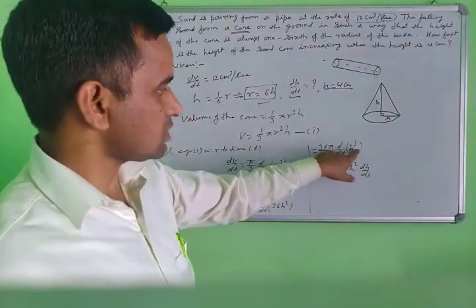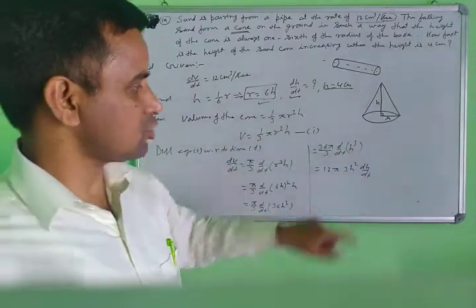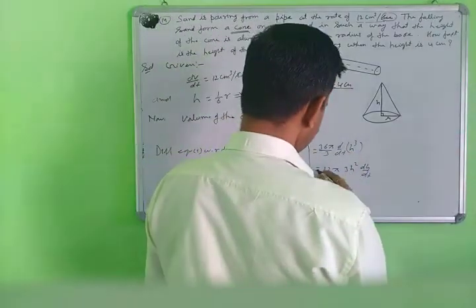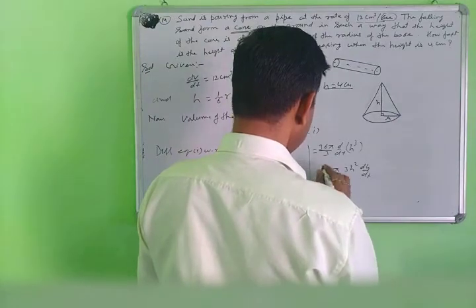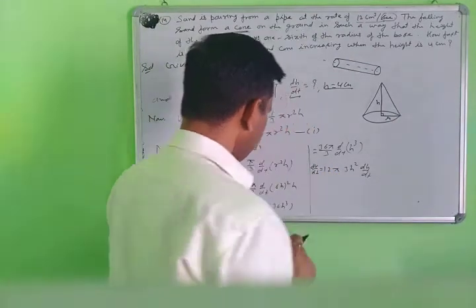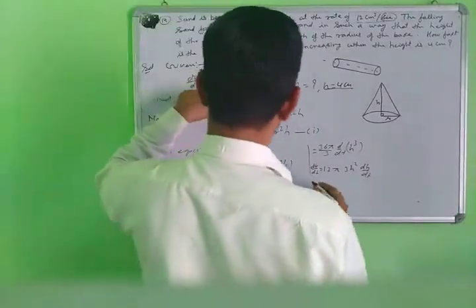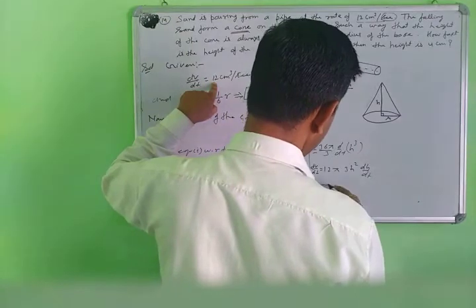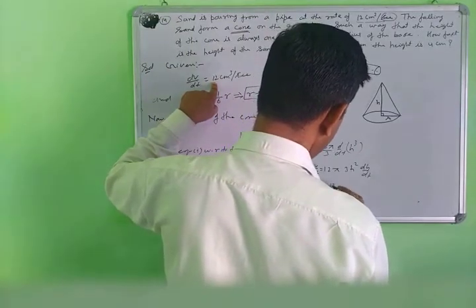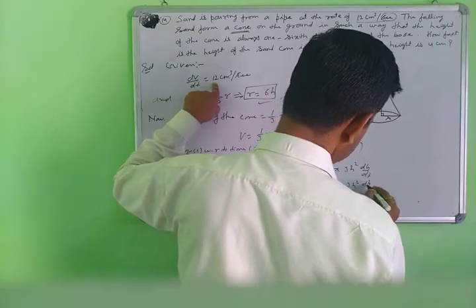The derivative of h cube is 3h square, and again differentiated h gives dh over dt. So we get dV over dt. Our value of dV over dt is given as 12. So 12 equals 12 pi times 3h square times dh over dt.